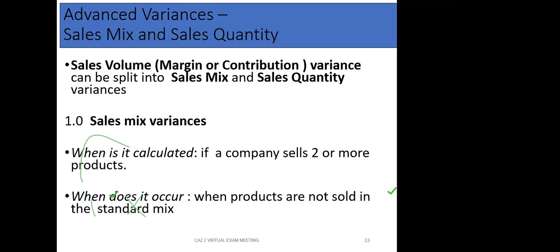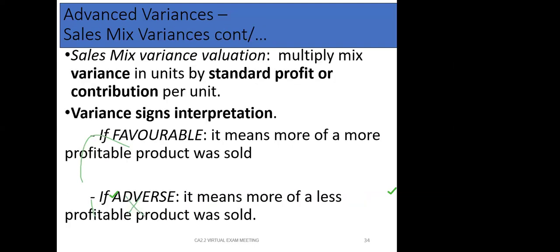In that case, you have a sales mix variance. When does it occur? It occurs when products are not sold in the standard mix.